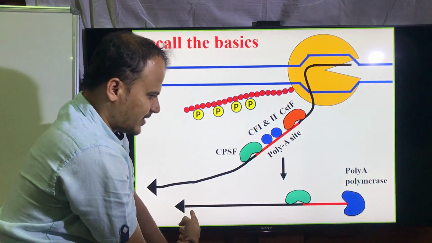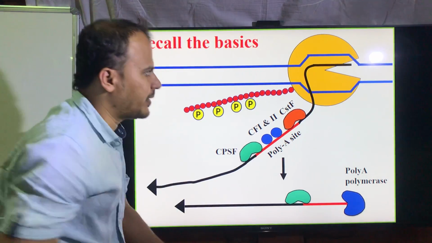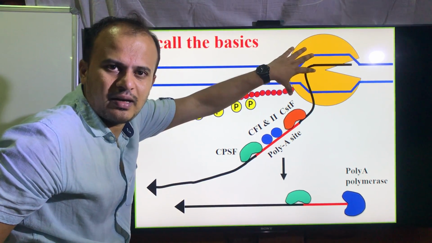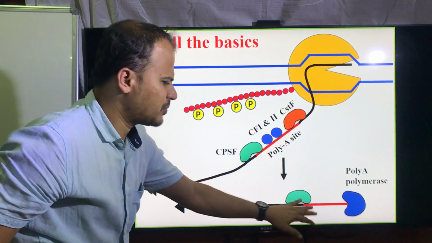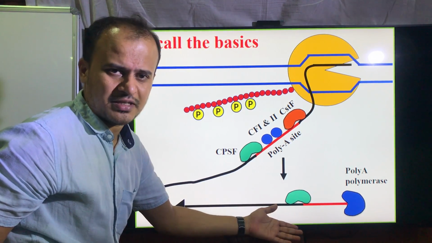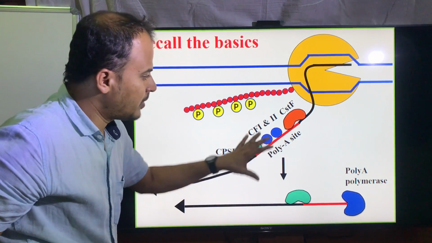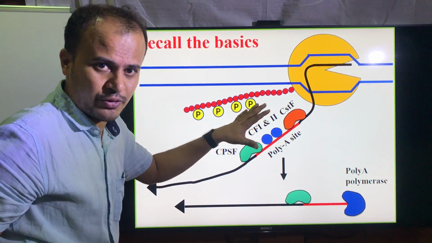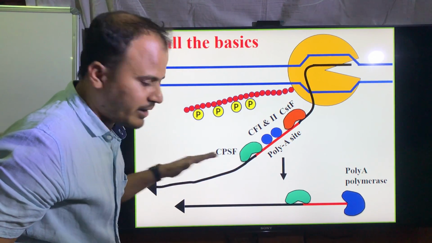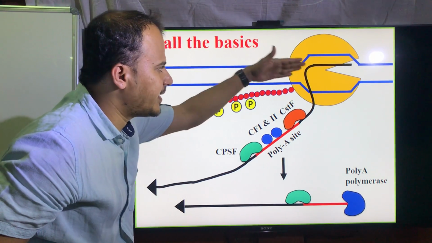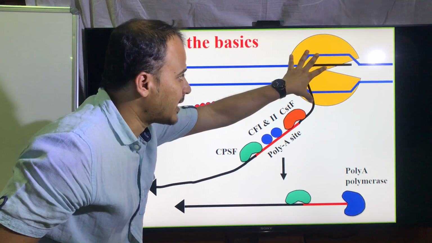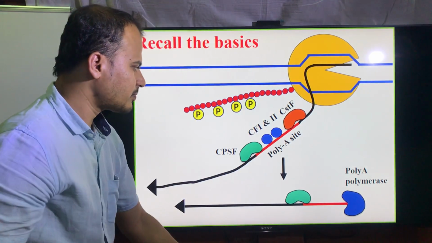Like this, you can see the mRNA has been dissociated from the transcription bubble. It is bound by some other proteins, but let's not discuss those proteins here. What I am trying to tell you is that the growing mRNA has been detached from the transcription bubble.